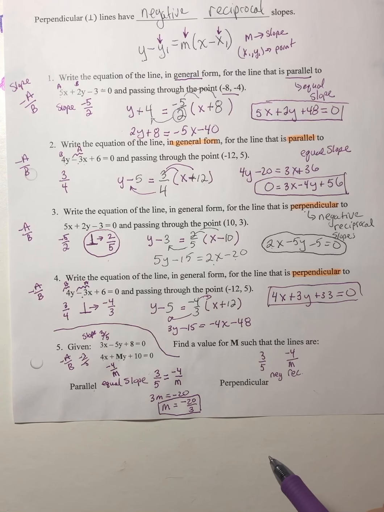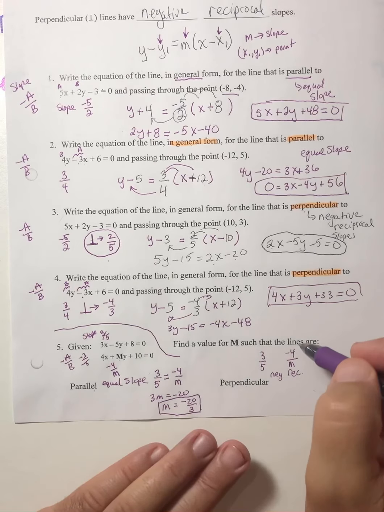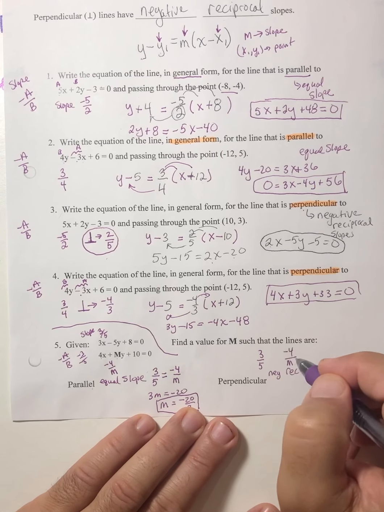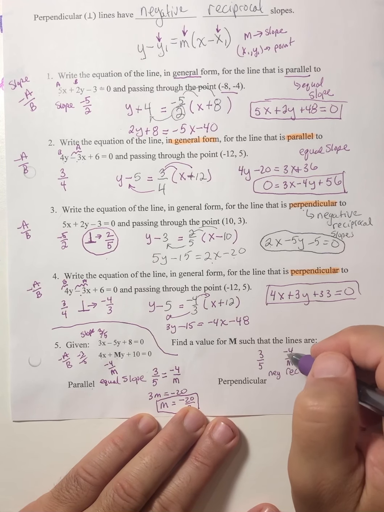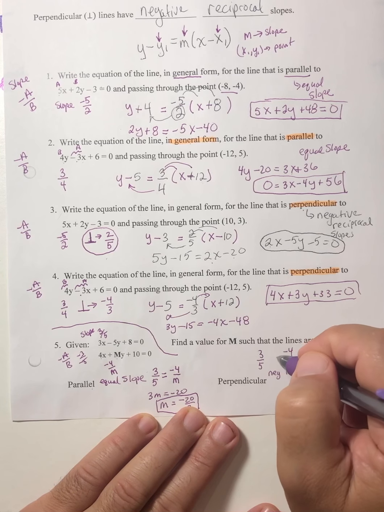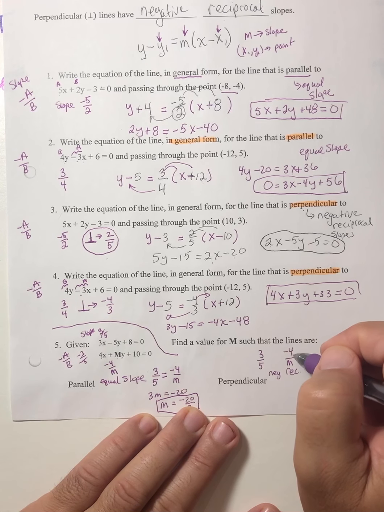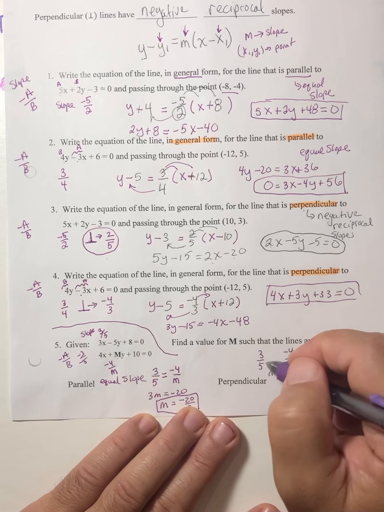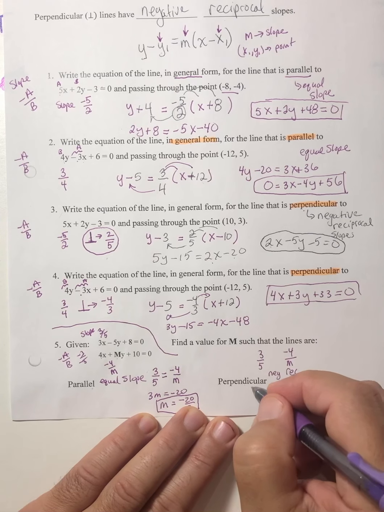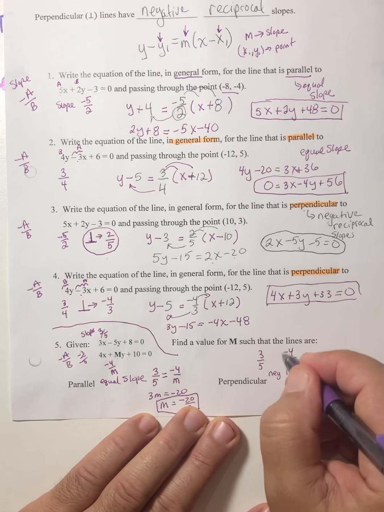There's two ways of solving this. The long way is to say to yourself, okay, right now they're equal, but negative reciprocal means one of these has to be flipped. So let's say we flip this one.